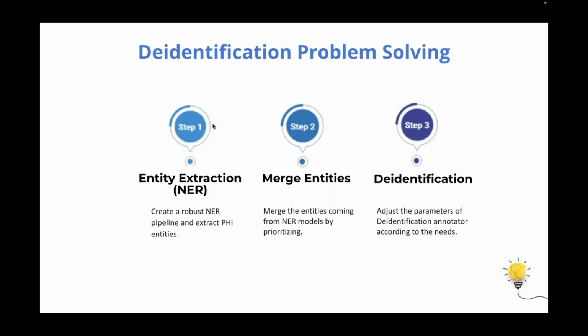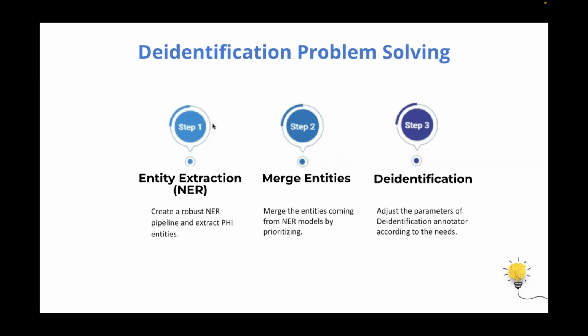How do we solve the problem of de-identification tasks? First of all, as I mentioned in the oncology use case, we need to extract the PHI entities first, right? We need to extract the names, dates, age information, or locations. After extracting the entities by using the NER models, since we need a robust NER pipeline, we merge those entities according to their performances by prioritization.